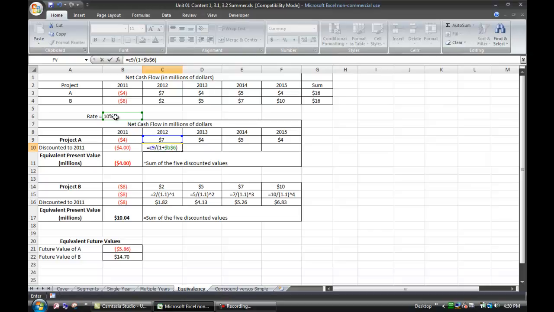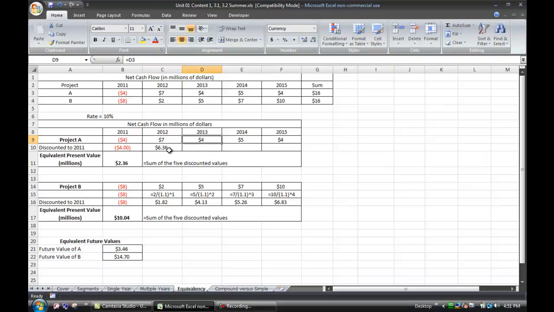And we raise that to the first power, because we're going to discount it 1 year. And it's $6.36. $7 a year from now is worth $6.36 today.